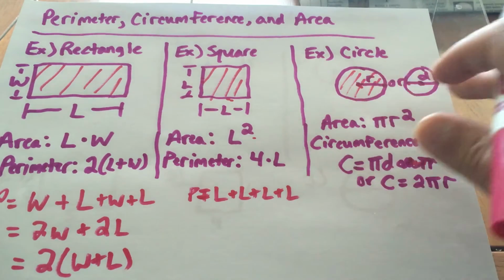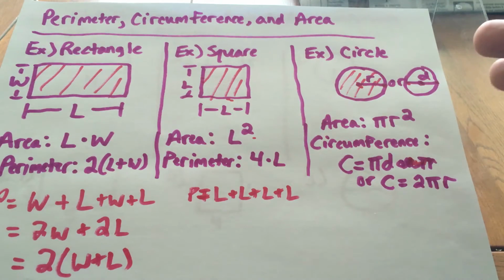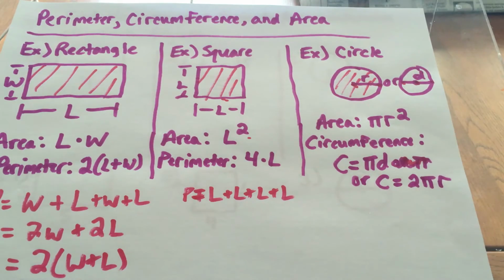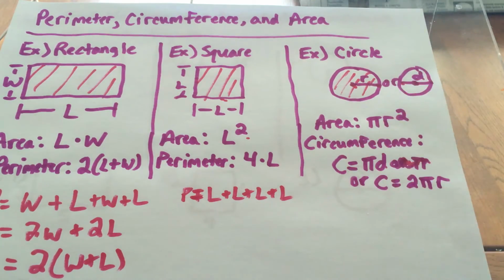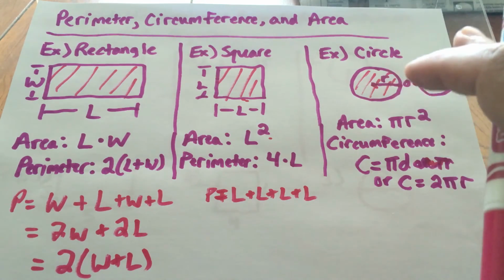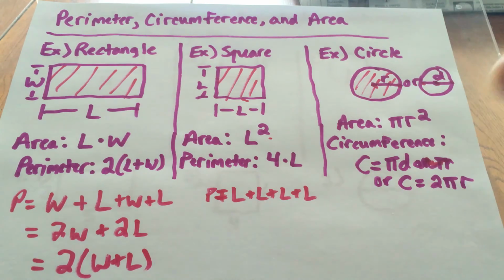If they give you the radius, use the radius, 2 pi r. Or if they give you the diameter, you can say, well, diameter divided by 2 is going to be the radius. So if you divide the diameter by 2 and then plug it into 2 pi r, that'll work. Or you can just remember that it's pi d. Okay, so that's some things that you need to copy into your notebook. We'll do some examples in the next video.